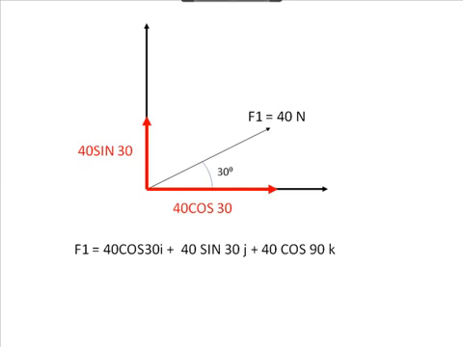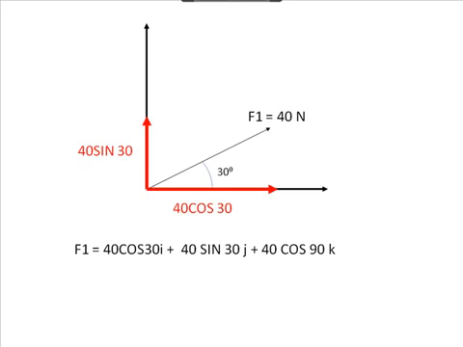z direction. So in vector form this force can be written as 40 cos 30 i plus 40 sin 30 j plus 40 cos 90 k, meaning 40 cos 30 is the x component of this force, 40 sin 30 is the y component, and 40 cos 90 is the z component.